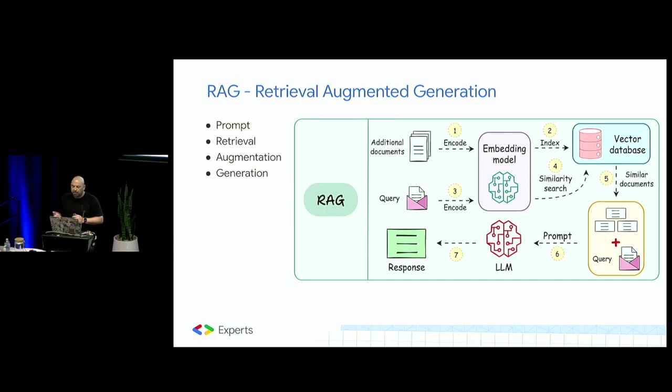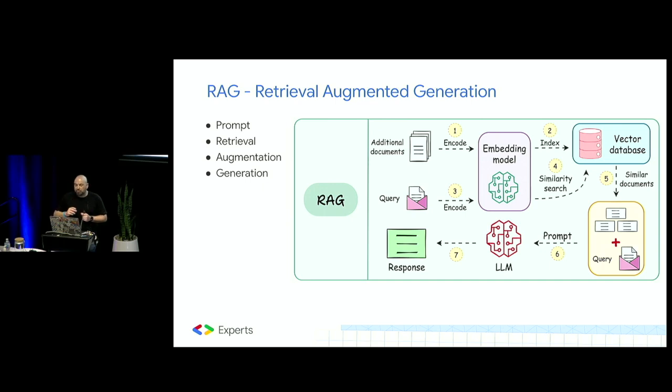So how does a RAG work? If you think of the flow, you have a question or a prompt that the user puts into the system, and then you have a retrieval mechanism, which retrieves the relevant information from the knowledge base or any external data sources that we have given to the model.